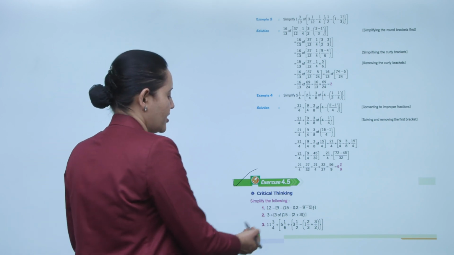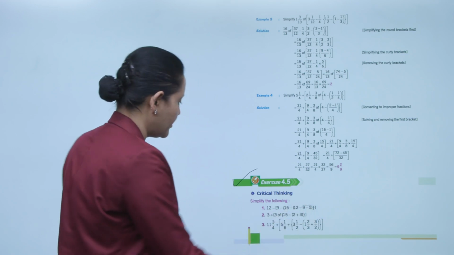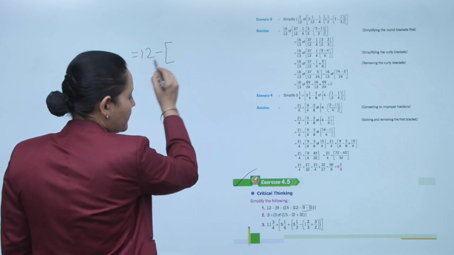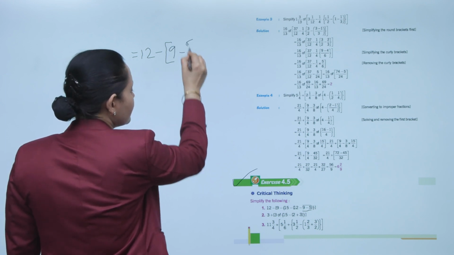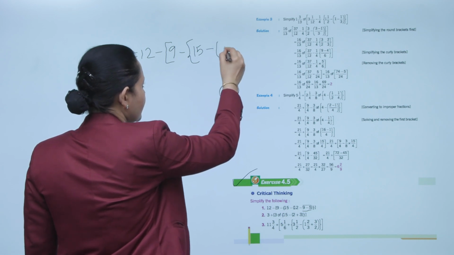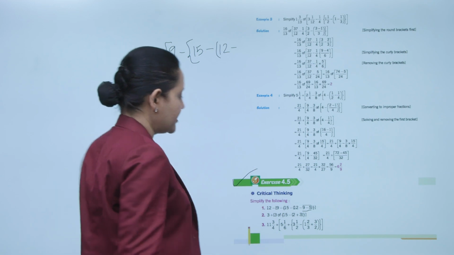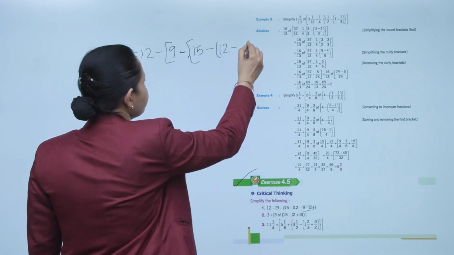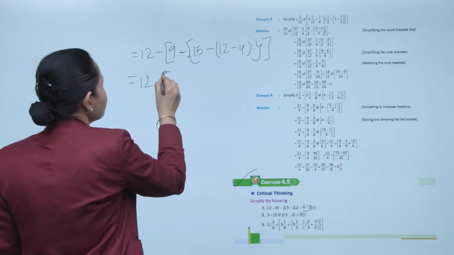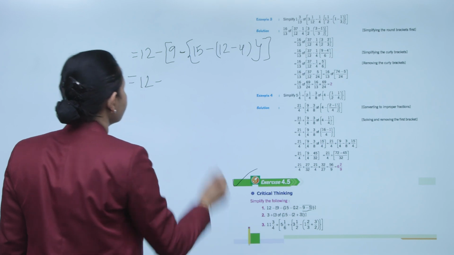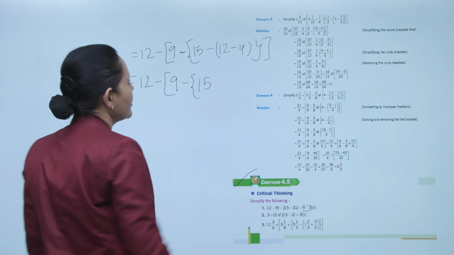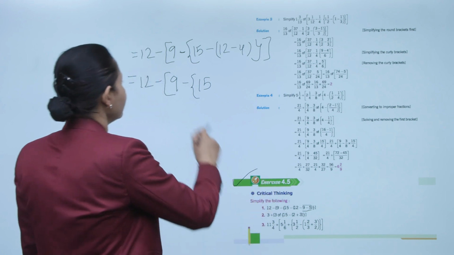In the first one, what do we solve first? First we will solve the bar, this one. So we will write 12 minus big bracket 9 minus then curly bracket 15 then minus 12 minus 9 minus 5, that is 4. 12 minus 4, that is equal to 8.